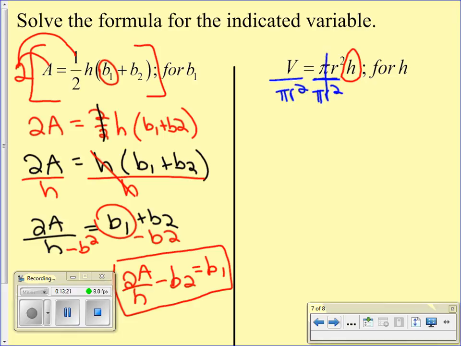Canceling it out here, so that V over pi r squared equals H, and it is a new equation, not a number answer.